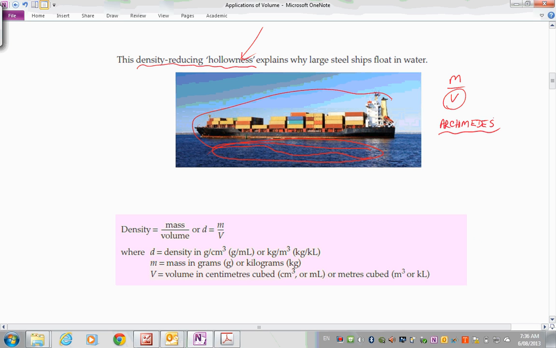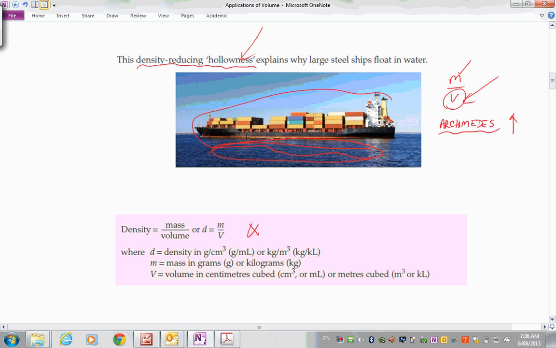Okay, so here Archimedes' principle says we have a big volume of displacement under the water there, and you get an upthrust equal to the weight of fluid displaced, and so that's big enough to upthrust the mass, and the thing doesn't sink. All has to do with how much mass per volume.